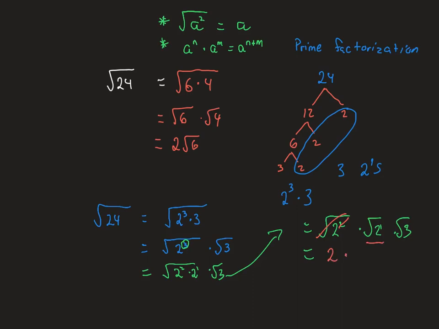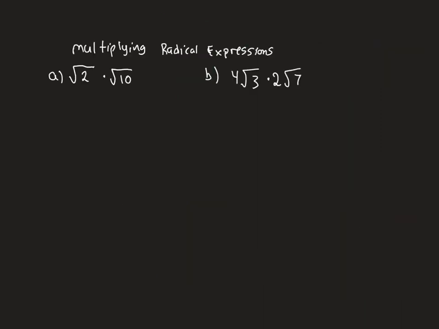Square root of 2, square root of 3, I can't do anything with those, so you're better off putting them back under the same square root, which leaves you with 2 root 6 as my final answer. And that is how you simplify radical expressions, using prime factorization and the radical rules.